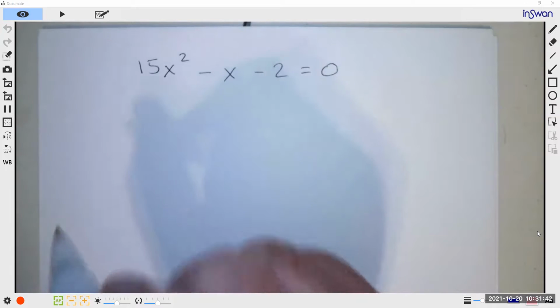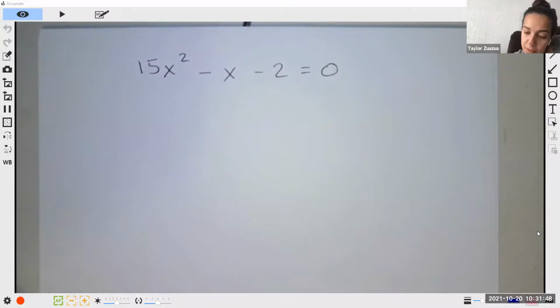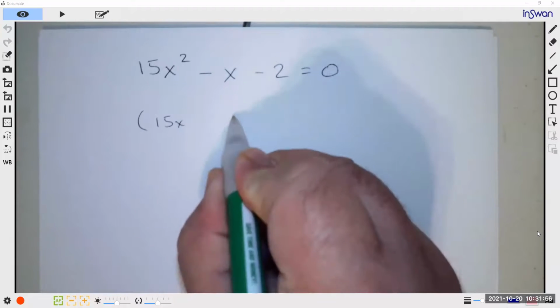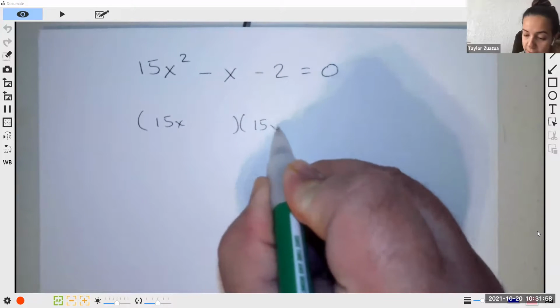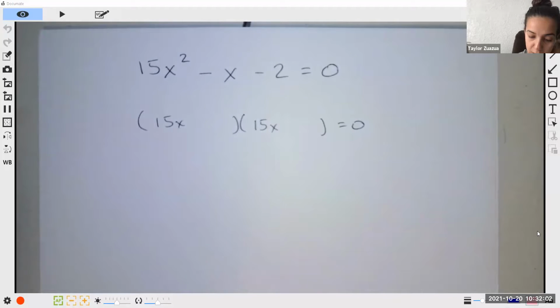Look at your previous question. It says place leading term in both parentheses. So it's 15x, not the square. And then place the signs as before.